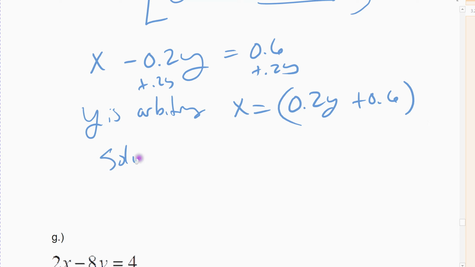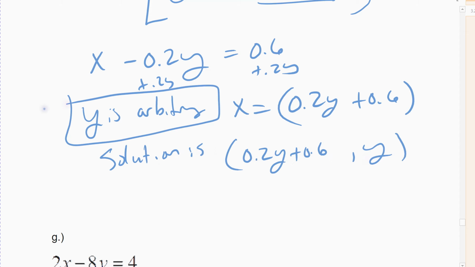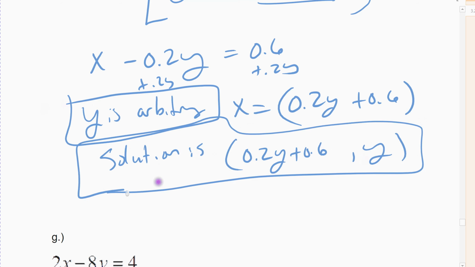And so my solution is the point where x is 0.2 times y plus 0.6, and y is whatever the heck I want it to be. Alright, and that's the arbitrary case. I believe that's the last arbitrary case. I think G and H are both, one of them's a one solution case and one of them's a no solution case. Alright, so there's the arbitrary cases.